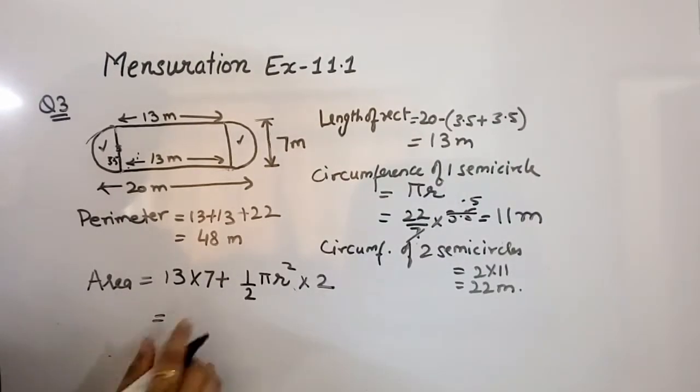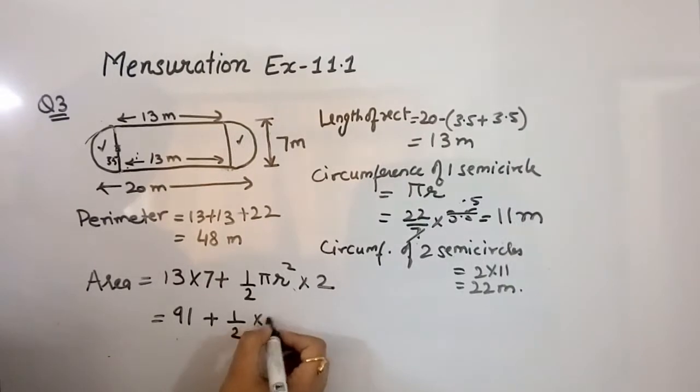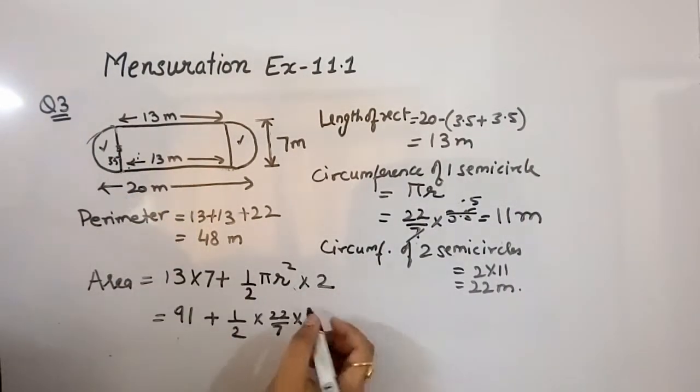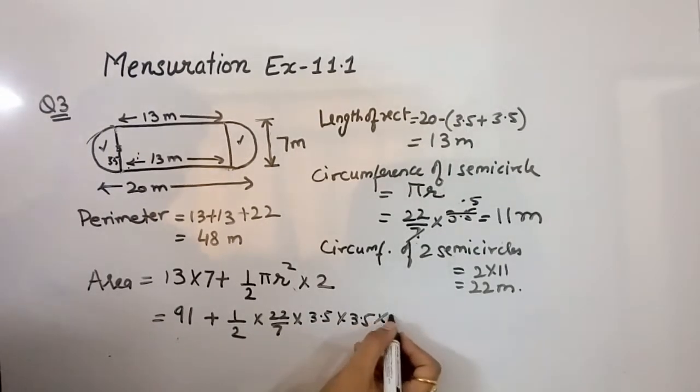13 into 7 is 91 plus half into 22 by 7. Radius was 3.5. 3.5 into 3.5 into 2.